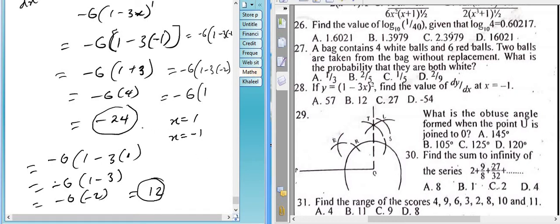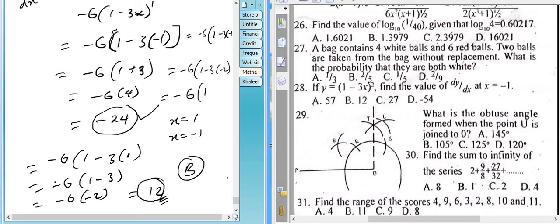So ideally, from the question, taking x equal to negative 1, the answer should be -24. But if x is positive 1, the answer should be plus 12. There is no such option, but if it is positive 1, the correct option is 12. So the option given in the website correction is 12, which is option B.